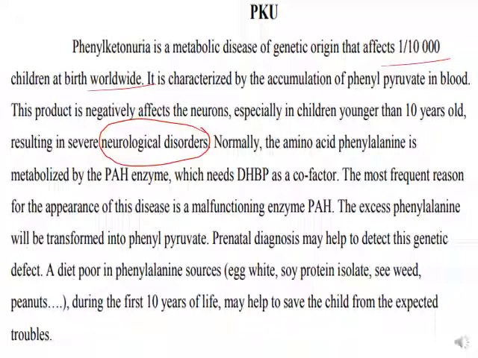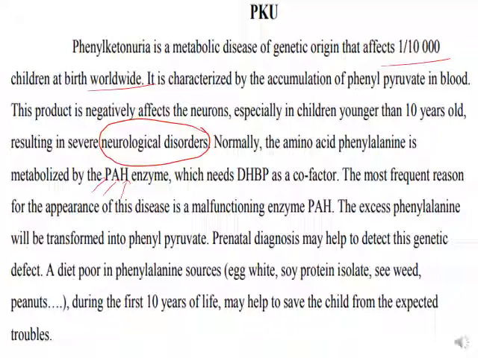Normally, the amino acid phenylalanine is metabolized by the enzyme called PAH, phenylalanine hydroxylase, which needs DHPB as a cofactor. The most frequent reason for the appearance of this disease is a malfunctioning enzyme, PAH.